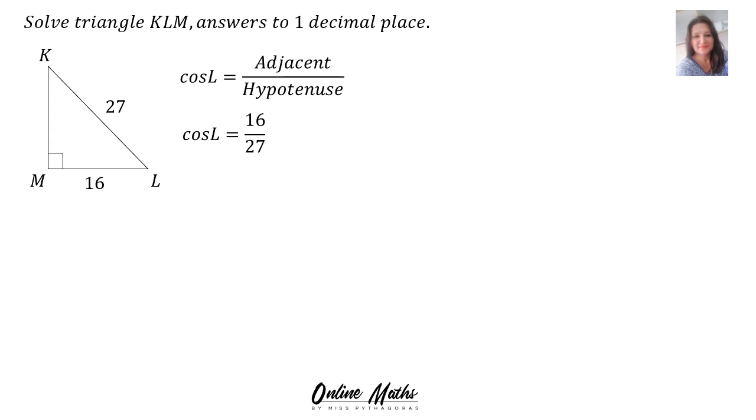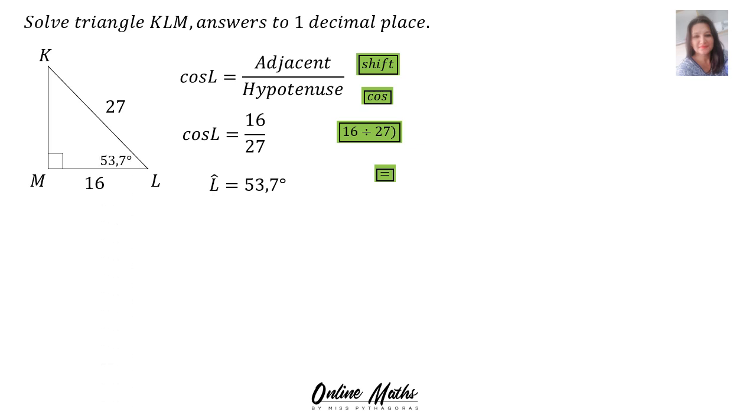And now I can work out angle L, with my calculator. So the steps are shift, cos, 16 divide by 27, close bracket, equals. And the answer, angle L, is 53,7 degrees.